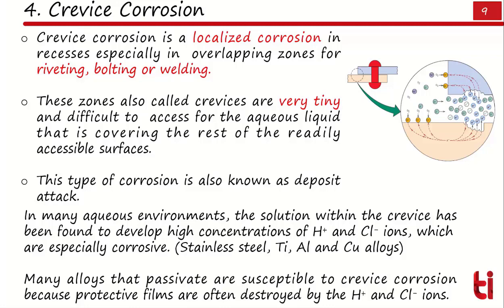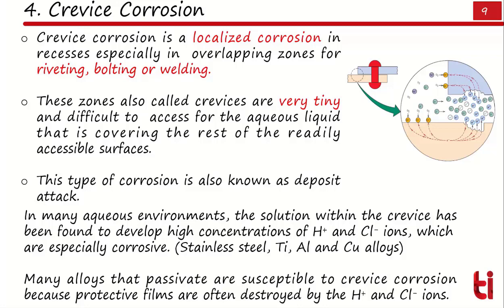In many aqueous environments, the solution within the crevice has been found to develop high concentrations of H+ and Cl- ions, which are typically present in the marine environment. The presence of these H+ and Cl- ions makes them more corrosive.